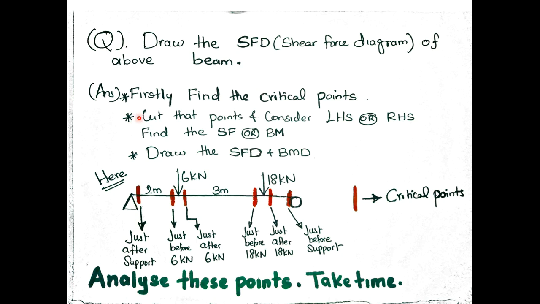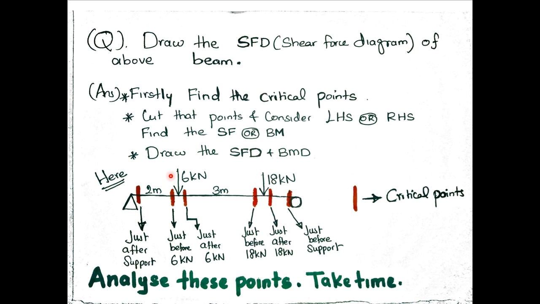Then secondly, cut those points and consider LHS or RHS. Find the shear force and bending moment. Next step, cut this point, consider LHS or RHS, put the positive sign convention and find out the bending moment and shear force.